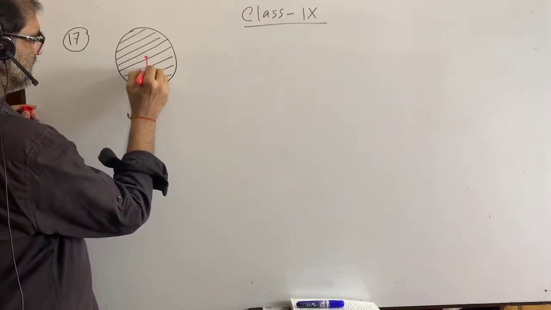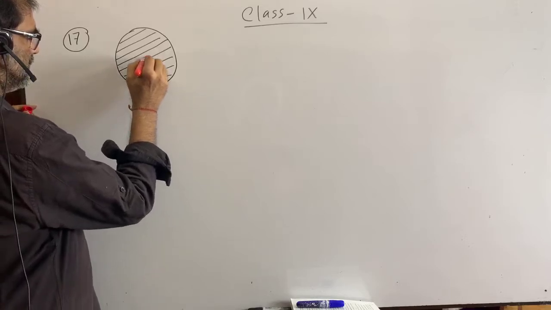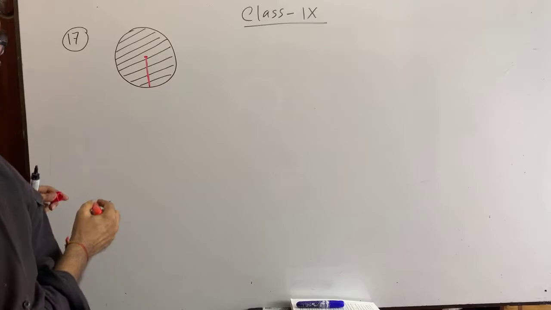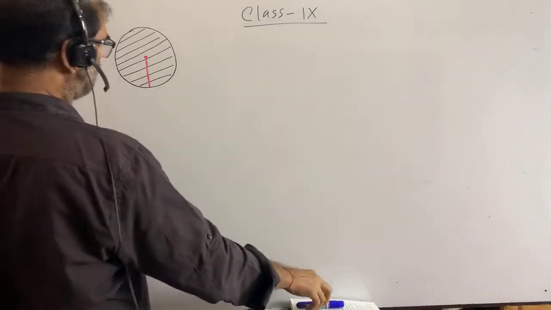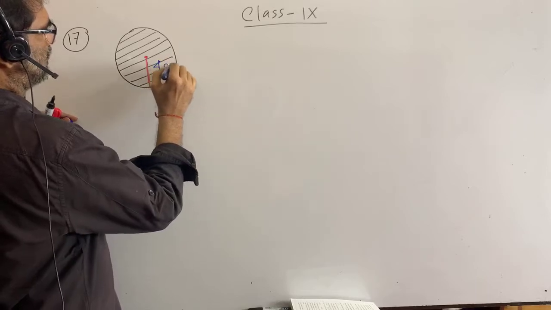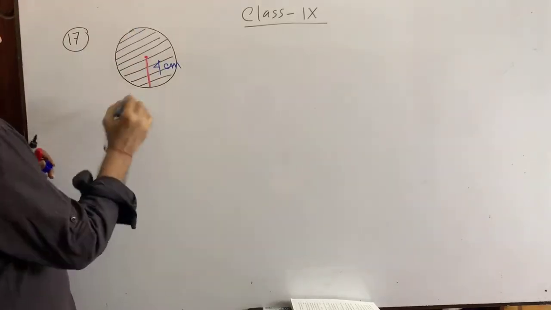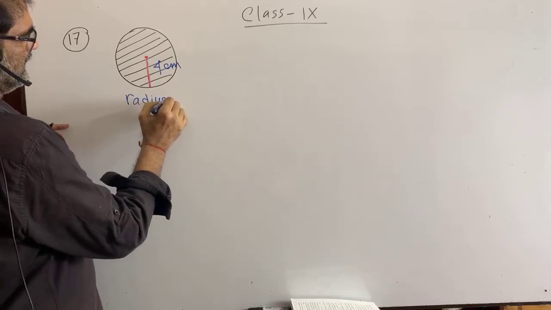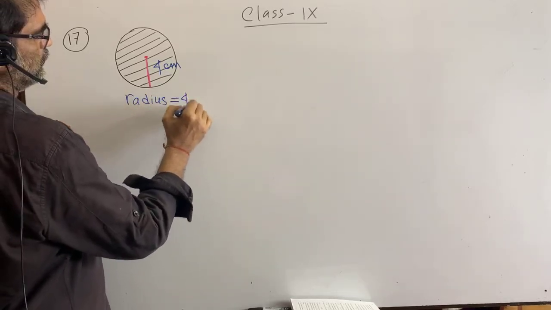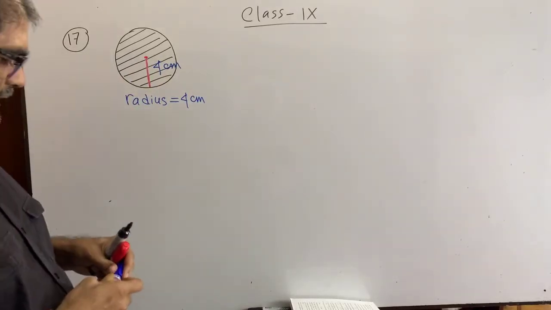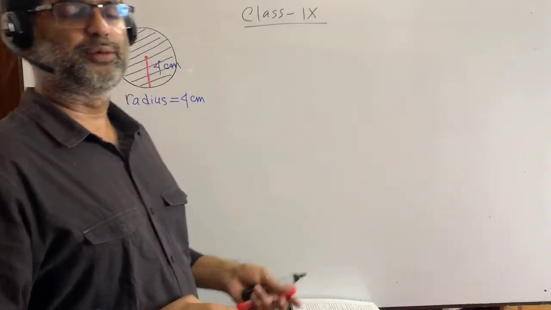So this is the radius, and it is given in the question that it is 4 centimeter. I am writing here radius equals 4 centimeter. It is a solid sphere.